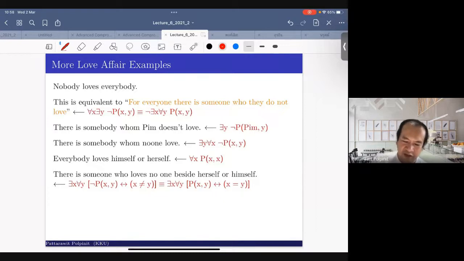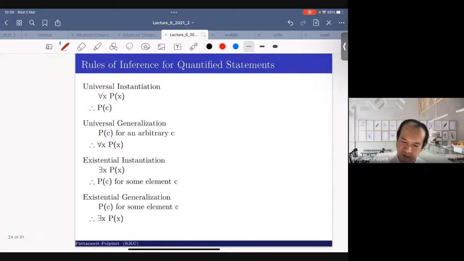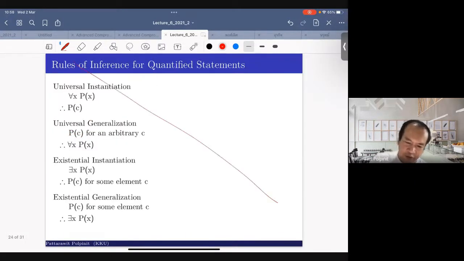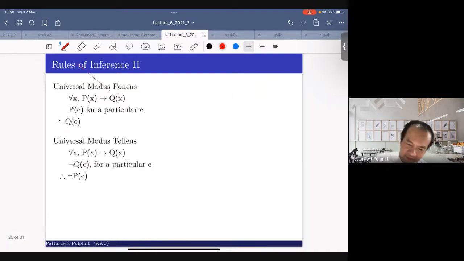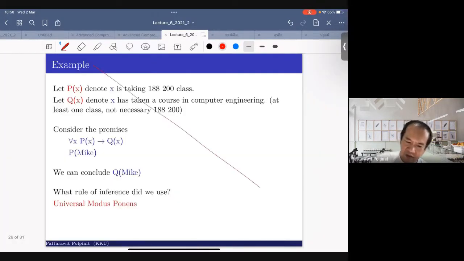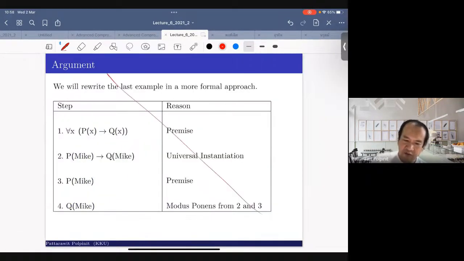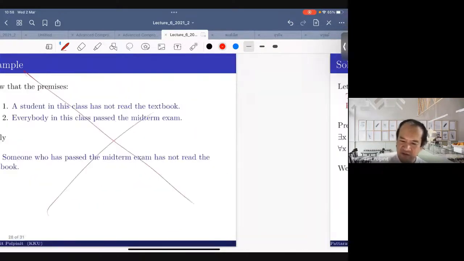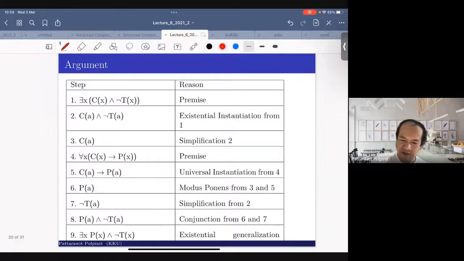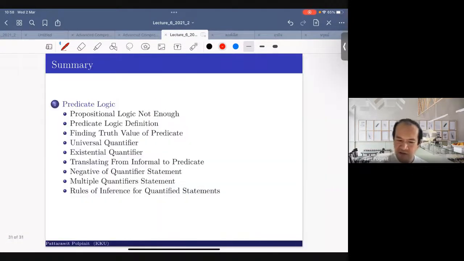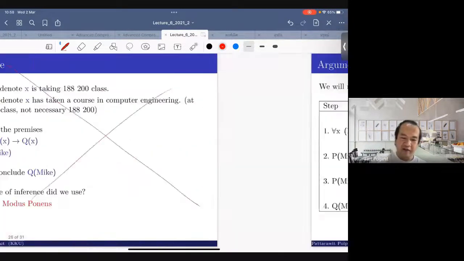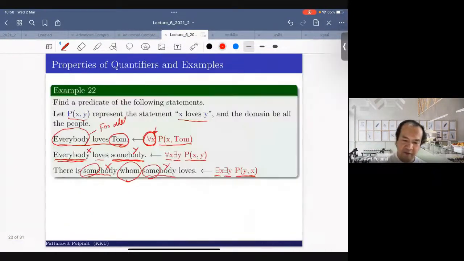Okay, this one is a little bit difficult, but I'm just going to skip this slide. And then we're not going to do the rule of inference. Okay, so that's all for the predicate logic.